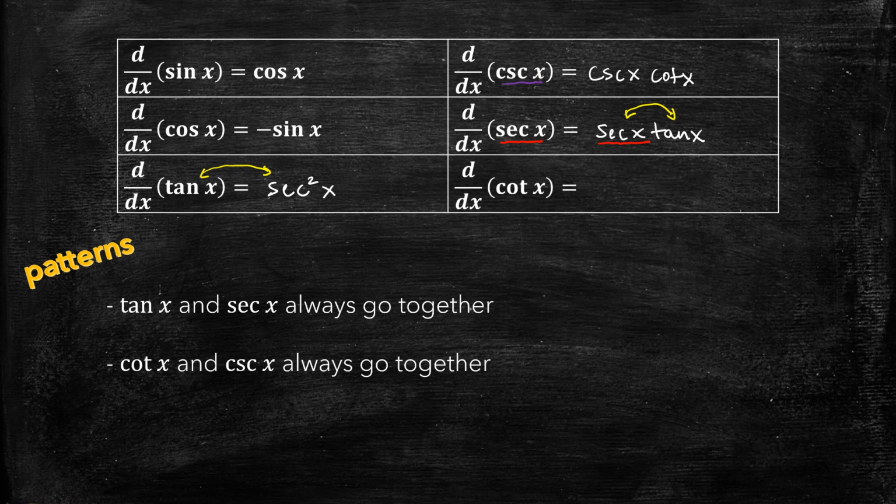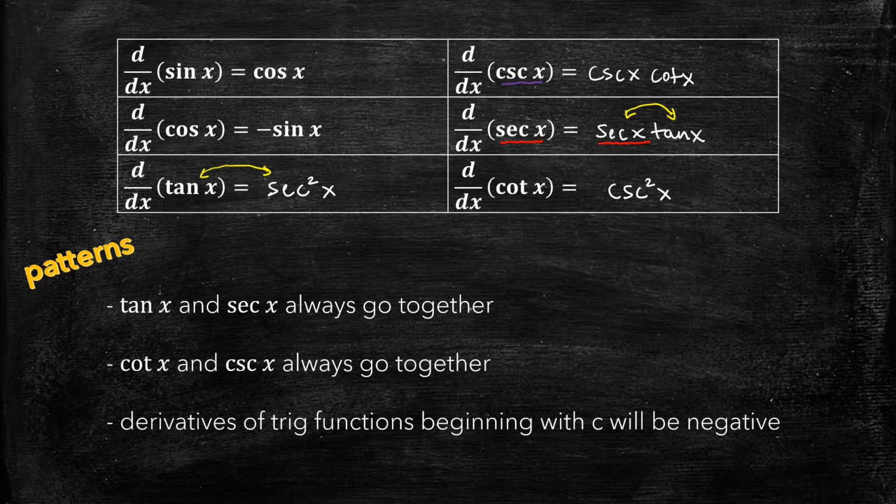And it's also true that since tan x got secant squared x, it feels right that cotangent should get cosecant squared x. My apologies, let me make that a little neater.